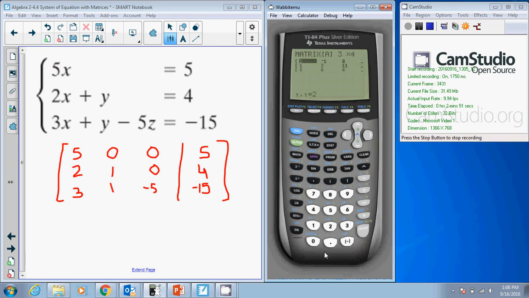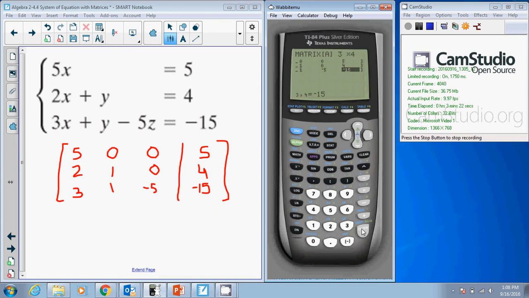So this is a 3 by 4 matrix, and then I'm just going to enter the numbers from the matrix I wrote. So 5, 0, 0, 5, 2, 1, 0, 4, 3, 1, -5, -15.